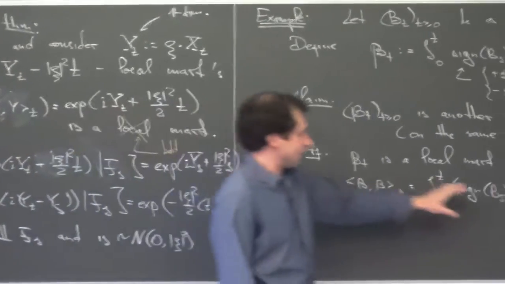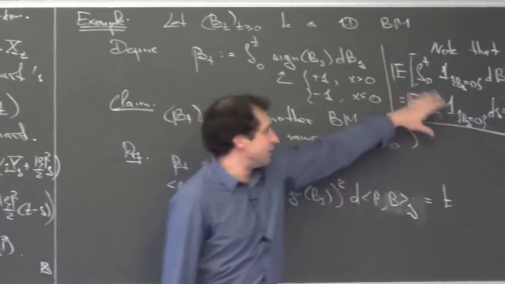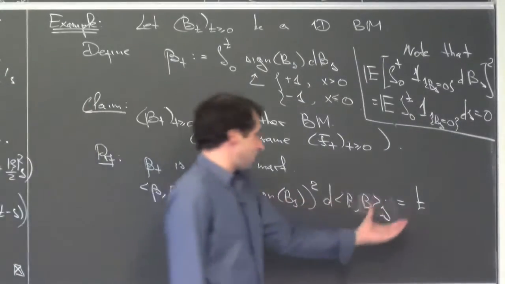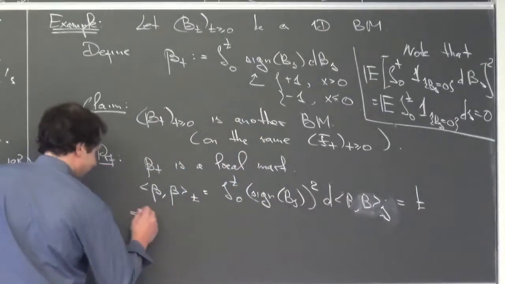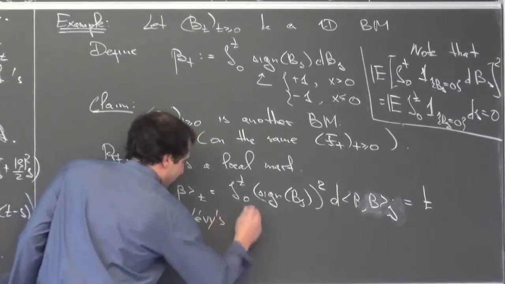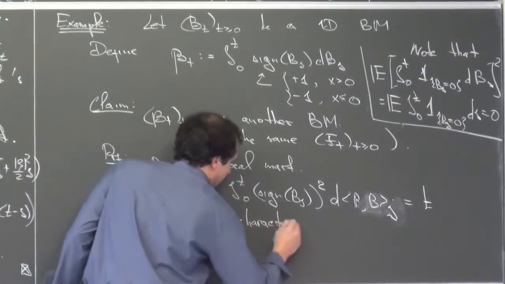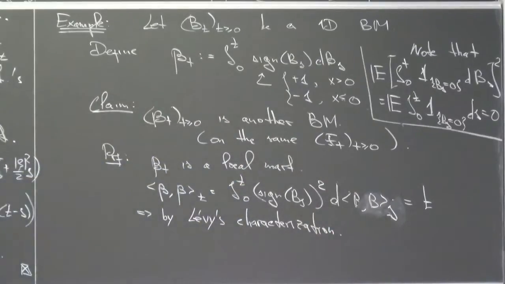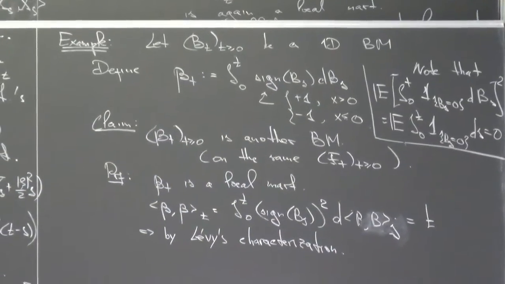But right now I know anyway for the Brownian motion it doesn't matter. Okay, good. So quadratic variation is t, so we just apply Levy theorem.